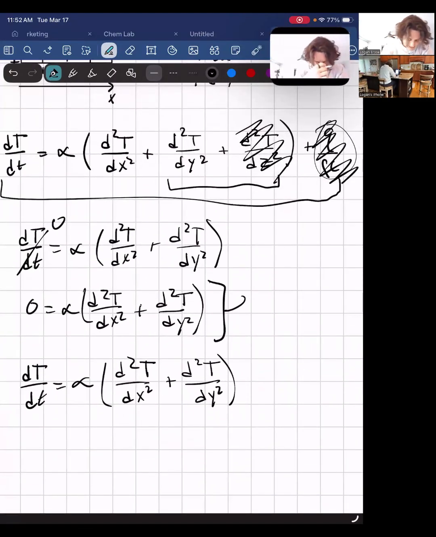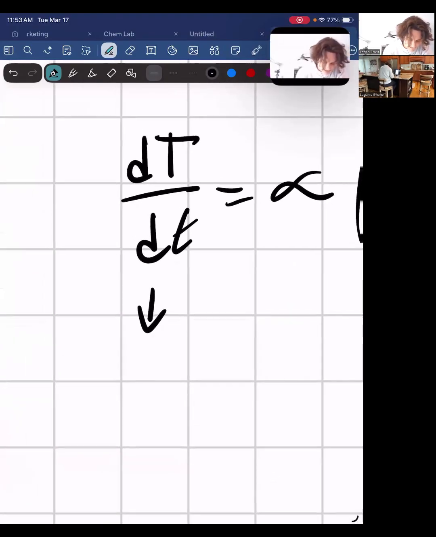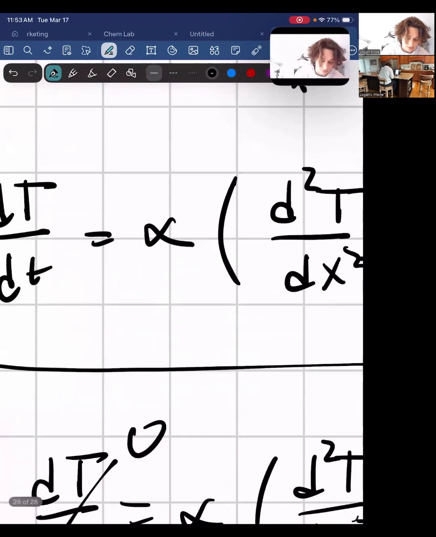So how does this break down into what we need, right? So the change in temperature and change in time. So at any temperature i, j, right? That's just our normal thing.